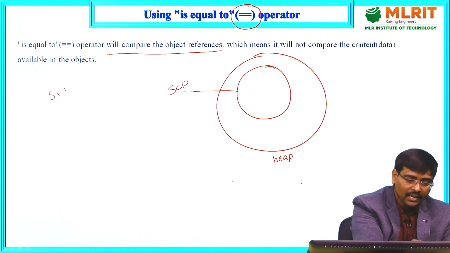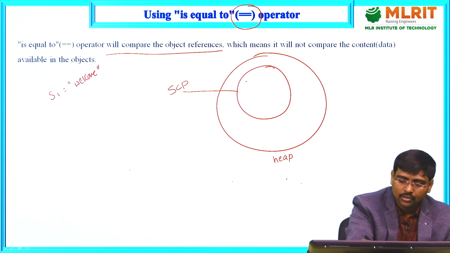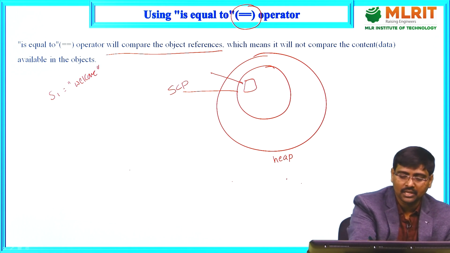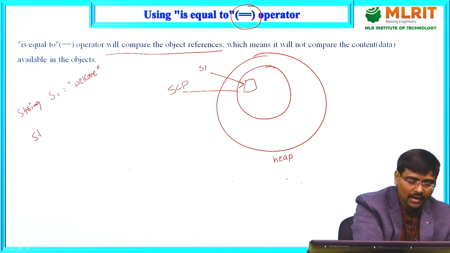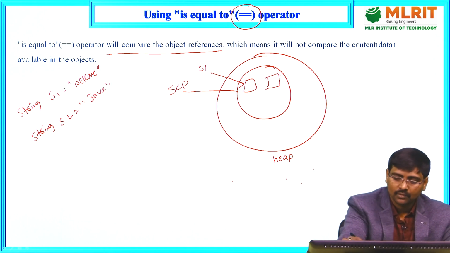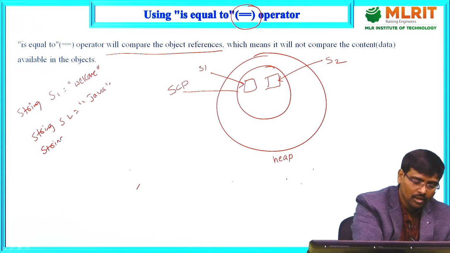Now, I created a string S1 is equal to welcome. So, S1 welcome is created. Now, like this, create another string, String S2 is equal to Java. So, S2 is created.